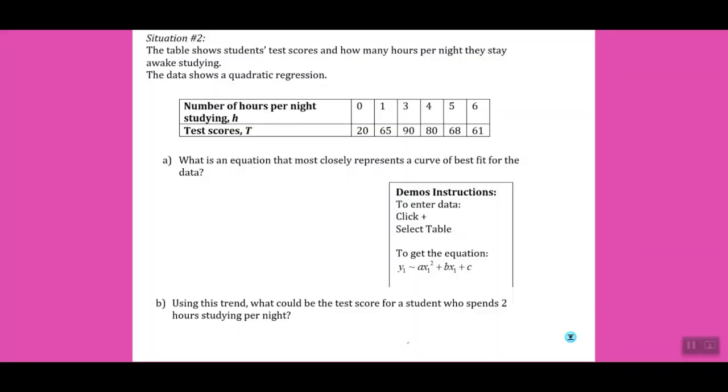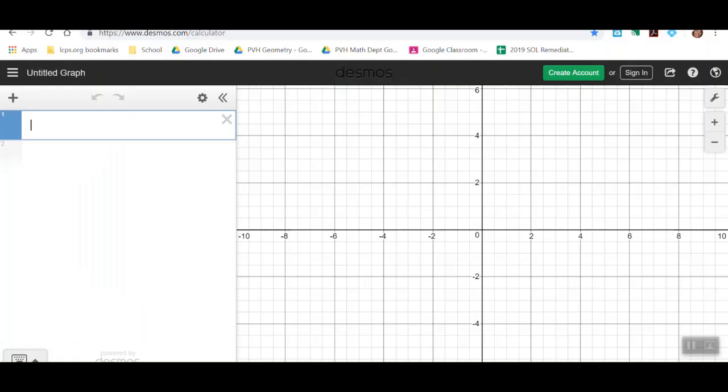Situation number 2. The table shows students' test scores and how many hours per night they stay awake studying. The data shows a quadratic regression. What is an equation that most closely represents a curve of best fit for the data? So we're going to go to Desmos.